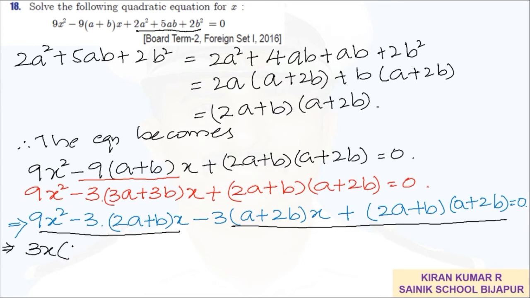I will be getting 3x minus 2a plus b, isn't it?